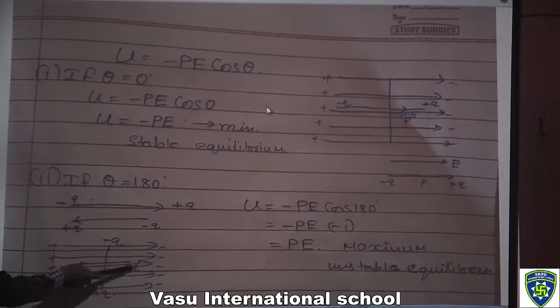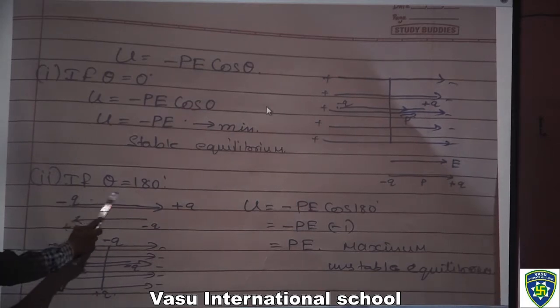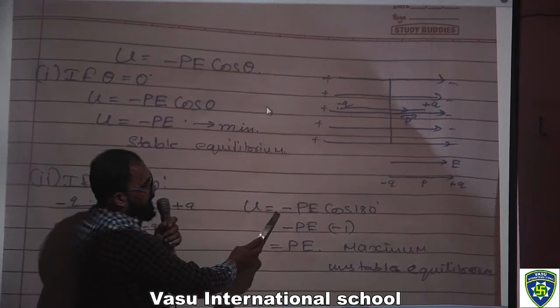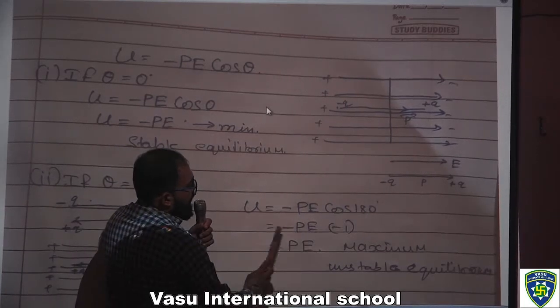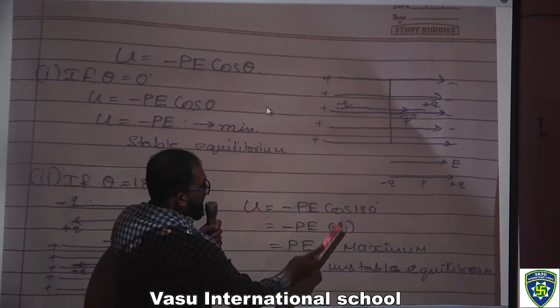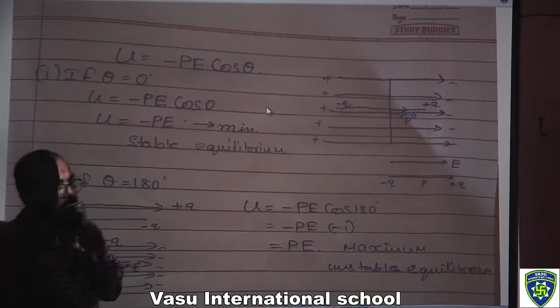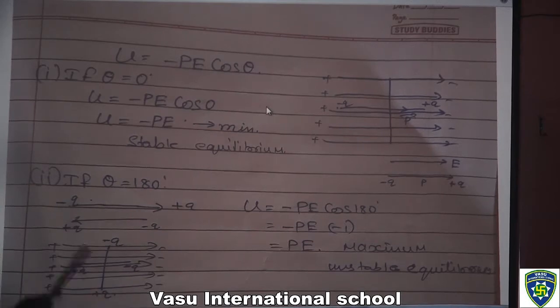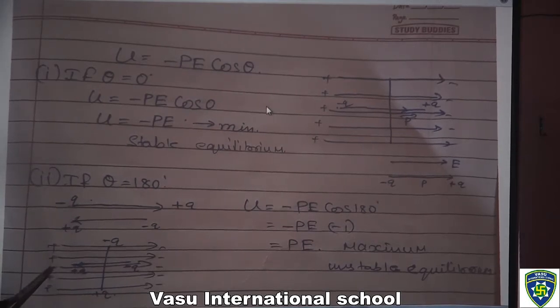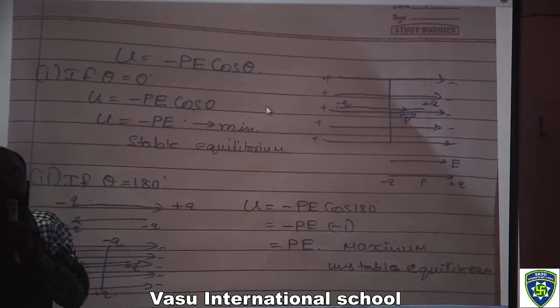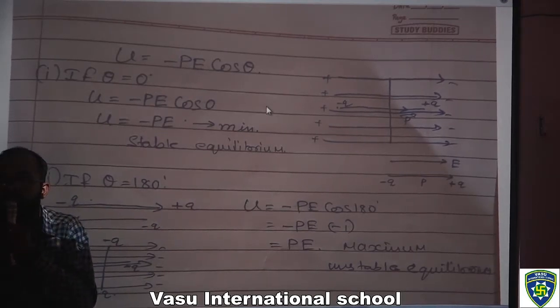So here it is shown in the figure, theta is equal to 180. Potential energy is equal to minus P E cos 180, and cos 180 is equal to minus 1. So minus minus is plus. So it is a maximum, but it is an unstable condition. Why is it unstable? Because on this side it is plus and on this side it is minus, so both will have a repulsive effect on each other.